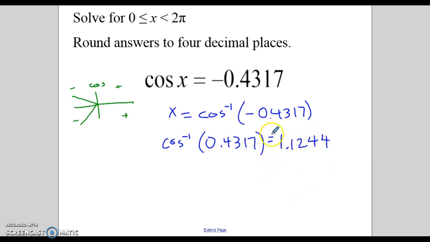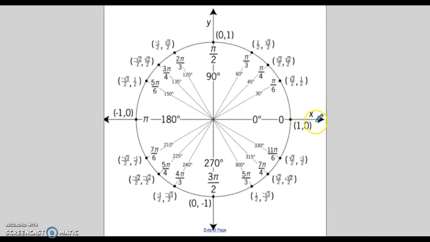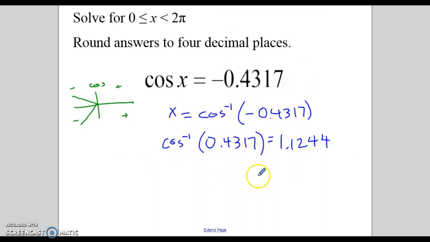And this angle is not either one of the two angles that I actually want. This angle is a quadrant 1 angle because it's between 0 and pi over 2. 1.12 is less than pi over 2, and you can use your calculator to approximate those if you want.